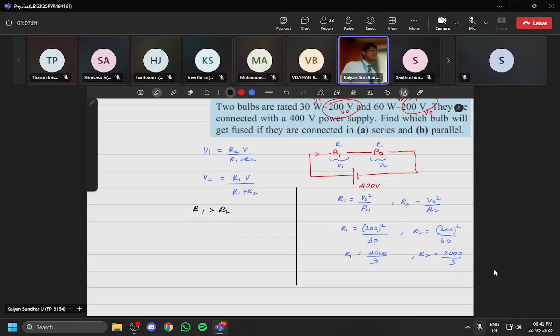Now what we need is to find the individual potential. You have the total potential value, correct? So what is R2? We have to find out which will be R2. Where is R2? R2 is 2000 by 3 into total potential. Total potential is 400 divided by 4,000 by 3 plus 2,000 by 3.